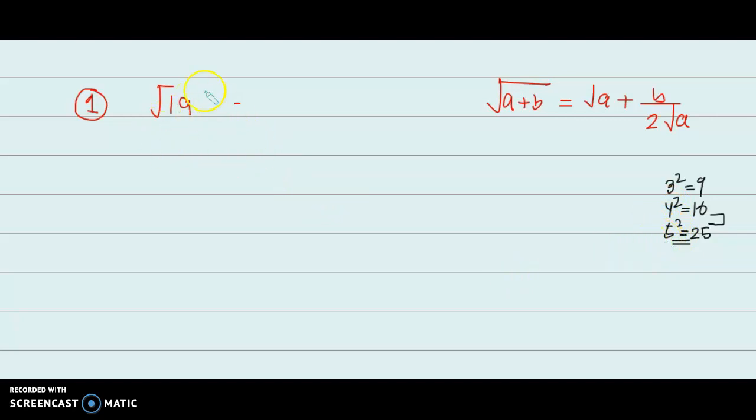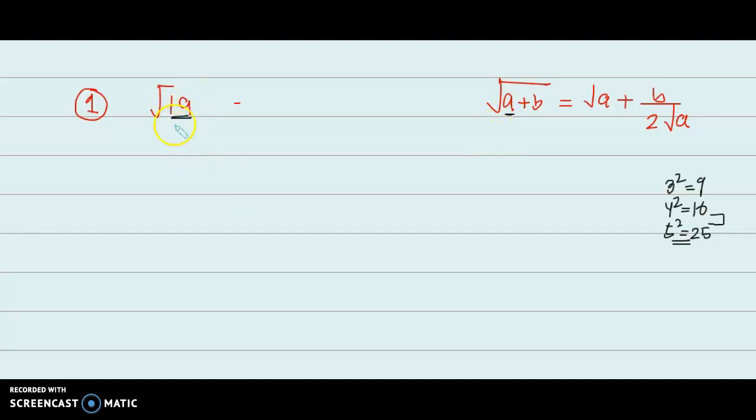Before I explain the method, let us try to understand a formula that we will be using here. The formula I have mentioned here: root under a plus b is root a plus b over 2 root a. Now I will explain the meaning of that. This 19 you have to break into two numbers a and b such that one of the numbers, a, is a perfect square.